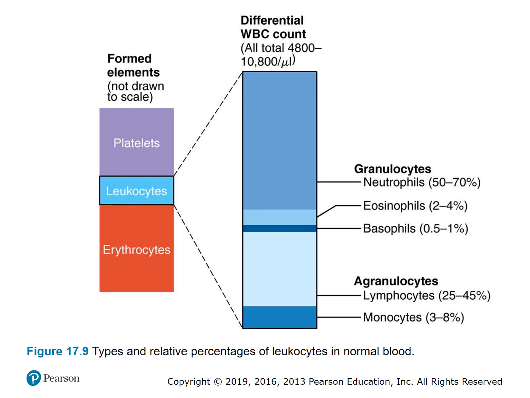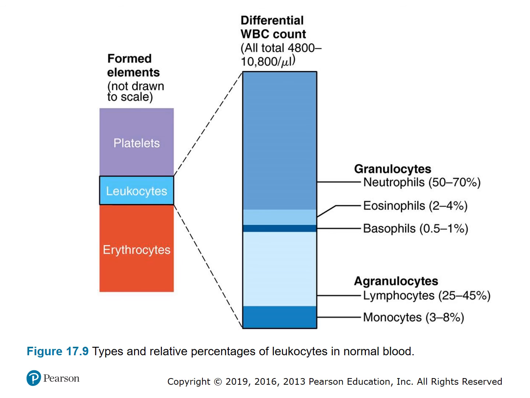Figure 17.1, types and relative percentages of leukocytes in normal blood. The blood consists mostly of erythrocytes, then there are leukocytes and platelets. Of the leukocytes, neutrophils are about 50 to 70% of the white blood cells. We're looking at a differential white blood cell count.